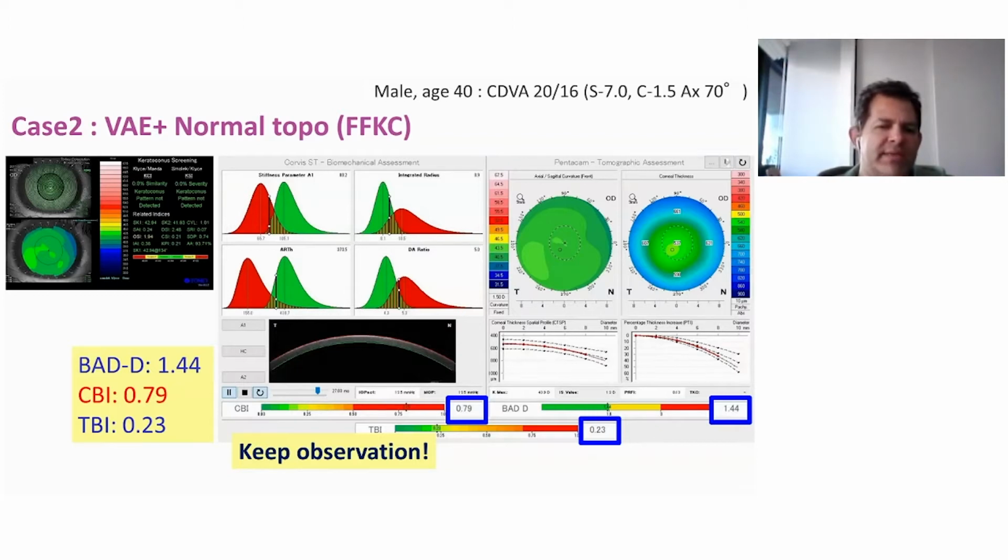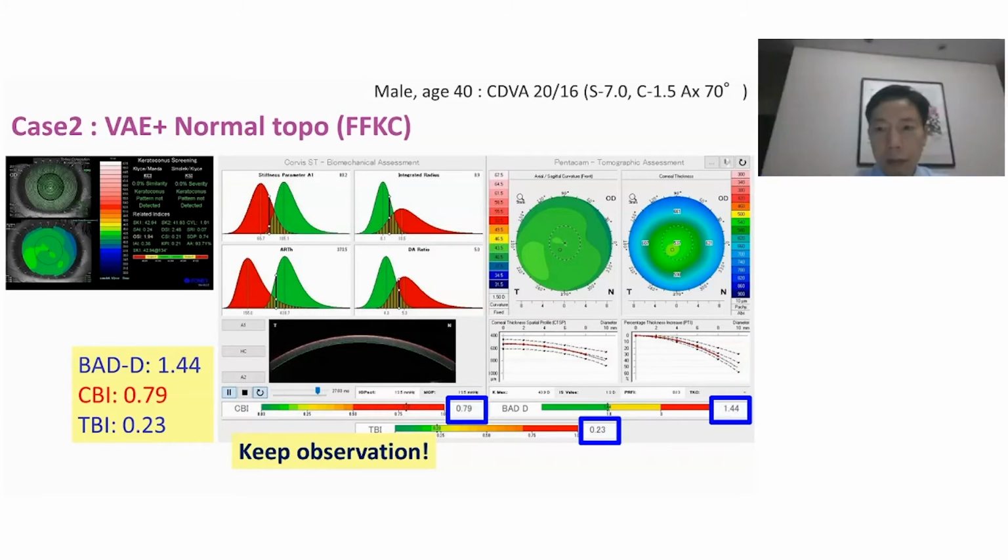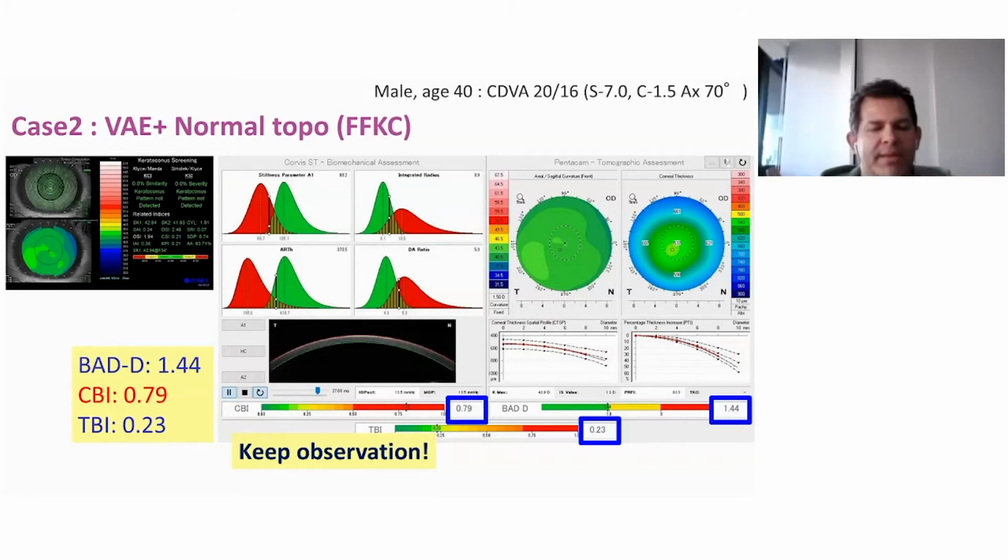Even though it's 23, it's not a very low number. It's not higher than 20, 25, 29. That will be the cutoff value. So it will be a false negative on the TBI, but that's the case where I would like to see the new algorithms that we have worked on to improve the TBI with the Brain group.